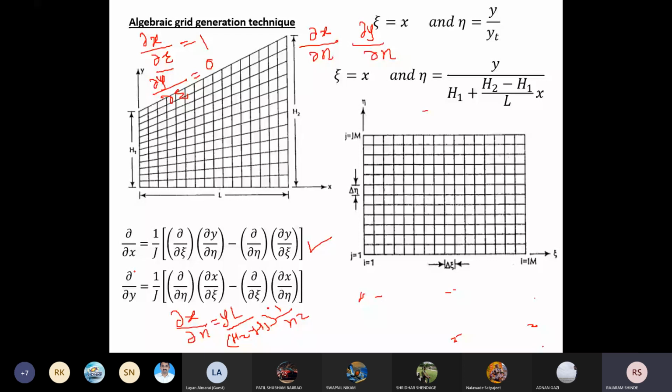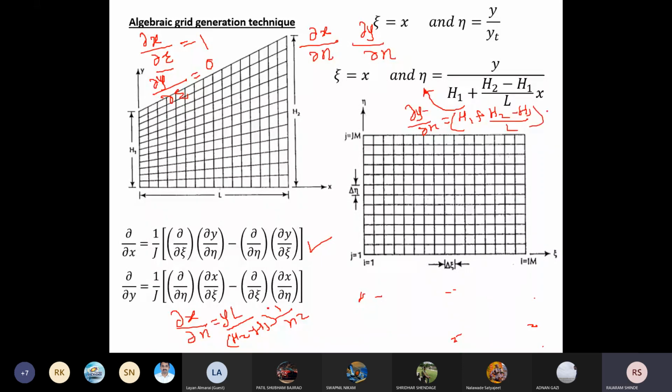When we take the derivative of y with respect to η, these whole terms are constant, so you will get the derivative of y with respect to η equal to h1 plus (h2 minus h1)/L times x, and in place of x you write this ξ.